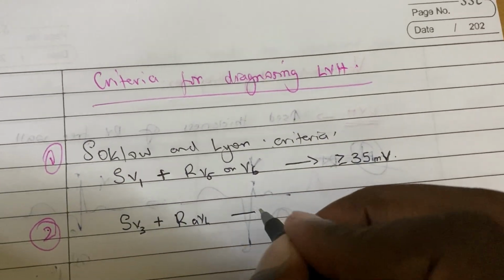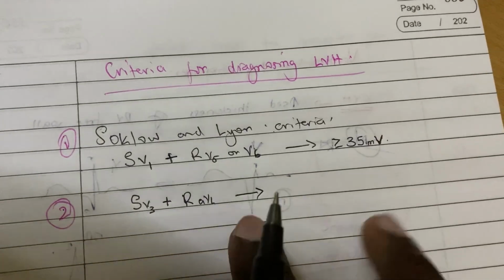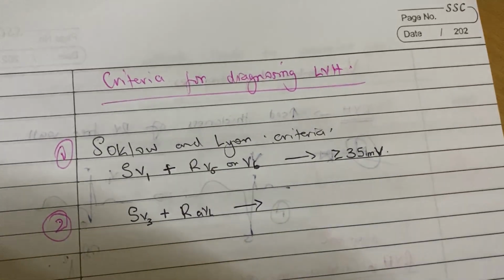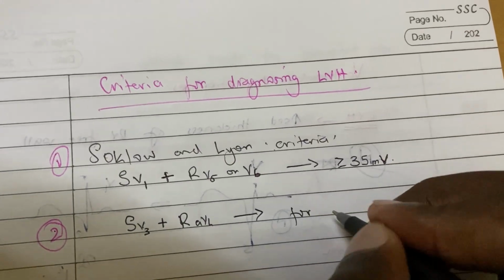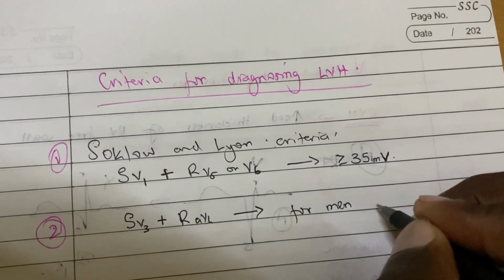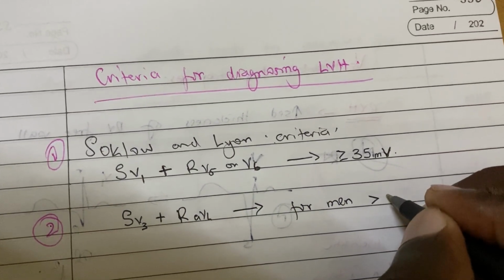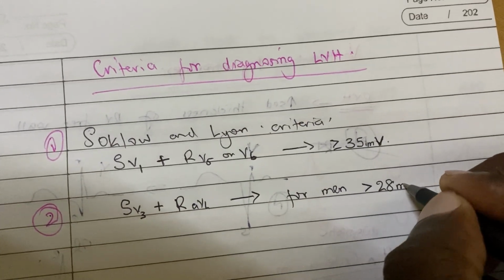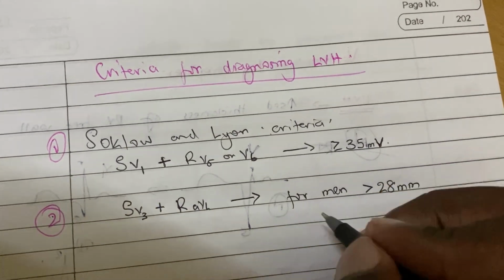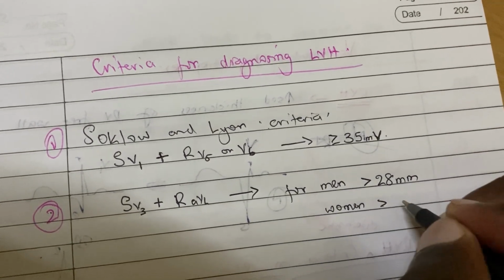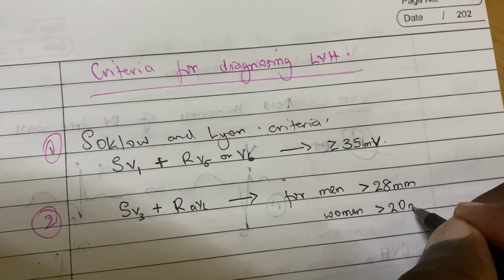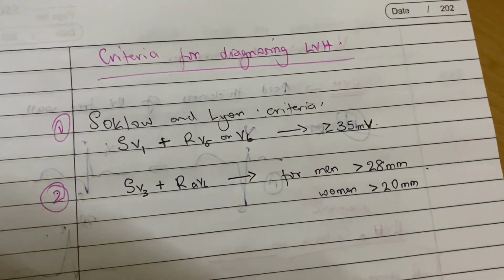It shouldn't exceed, and this is divided in two: for men, it shouldn't exceed 28 millimeters, and for women, more than 20 millimeters.